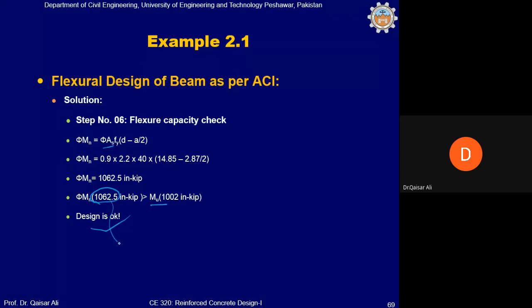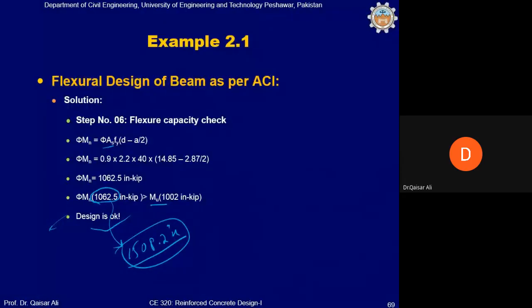In case of grade 60, what was the value? 1508.2 inch skips. Same beam, but you can see that in case of grade 60, it is giving you 1500 inch capacity. And in case of grade 40, it is almost 1000 inch capacity. Clear?